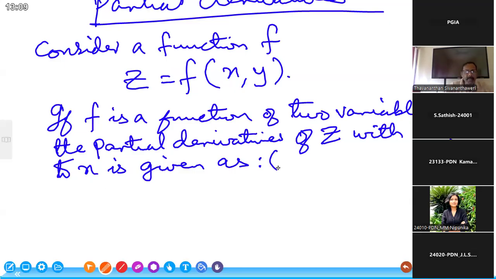When you consider the partial derivative of z with respect to x, then y will be treated as constant.